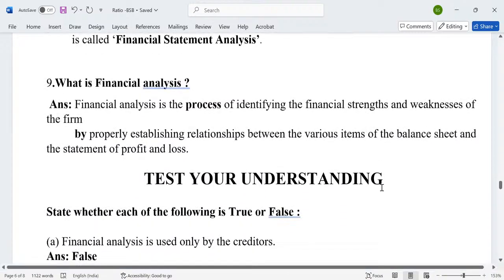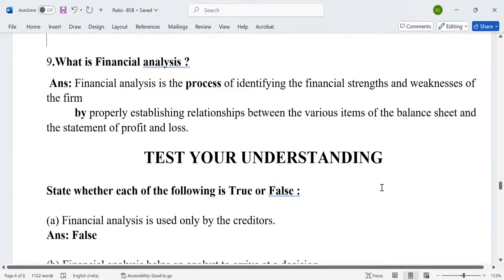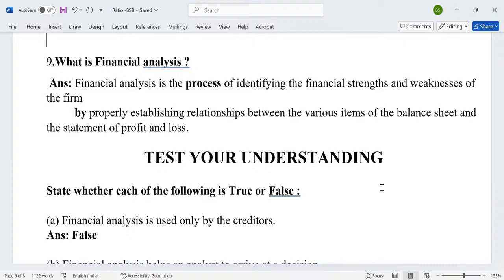What is financial analysis? That is different from financial statement analysis. See, there are these terms: what is analysis, what is financial analysis, what is financial statement analysis. Financial analysis is the process of identifying the financial strengths and weaknesses of the firm. What are the strengths of the firm? What are the weaknesses of the firm?